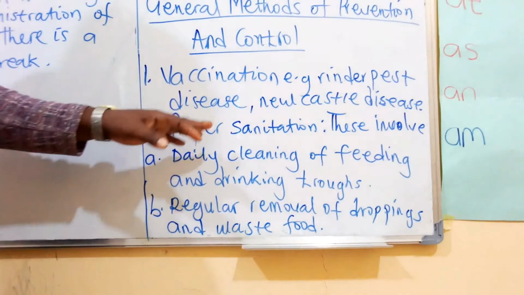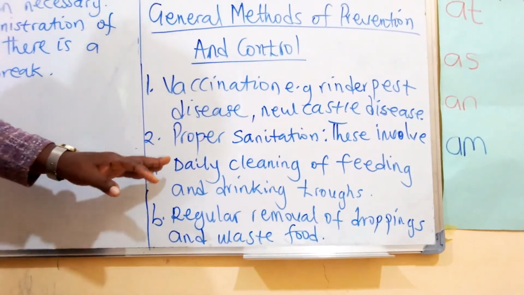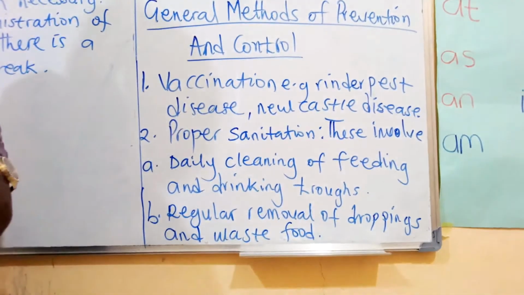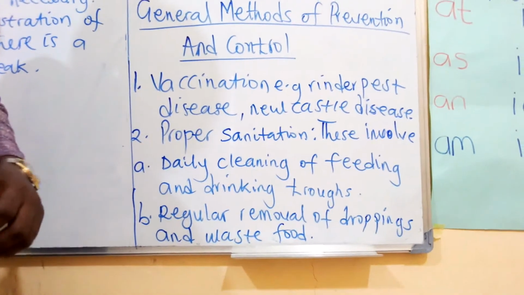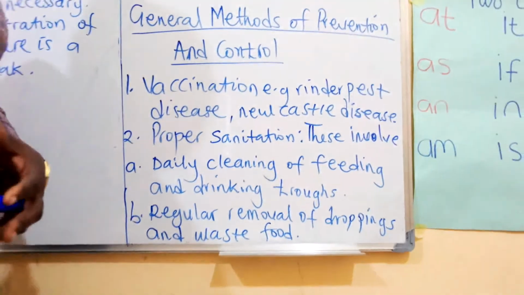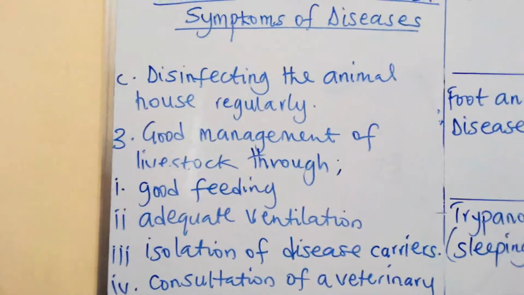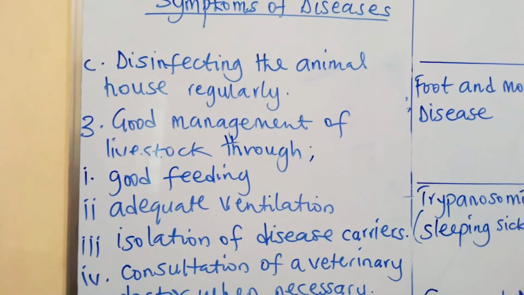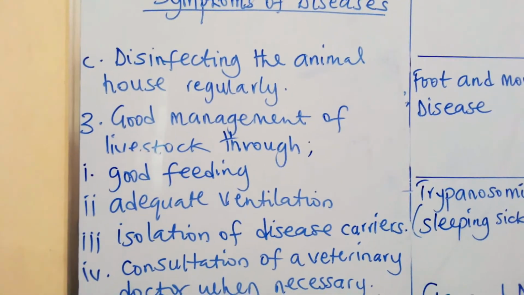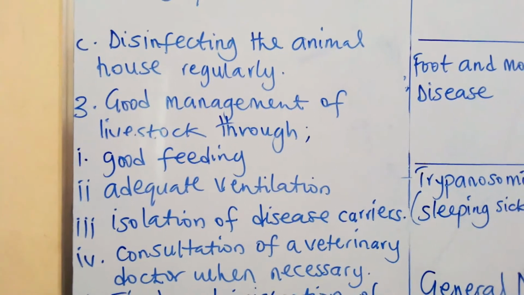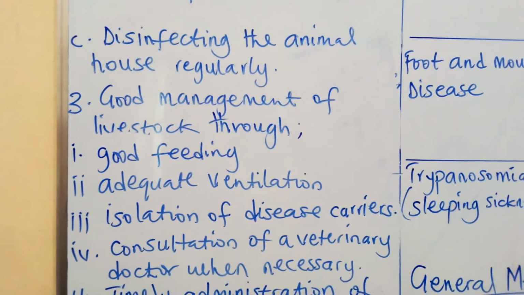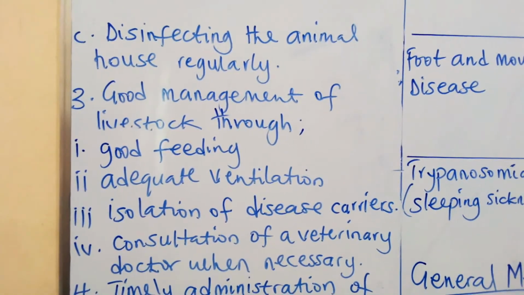The proper sanitation involves daily cleaning of feeding and drinking troughs, regular removal of droppings and waste food. We also talk about disinfecting the animal house regularly. From time to time, the animal house is to be disinfected. Now, number 3, method of control, good management of livestock.